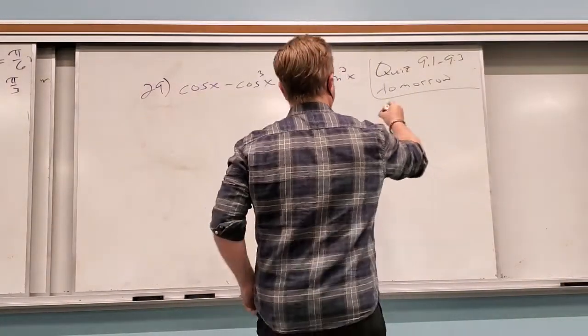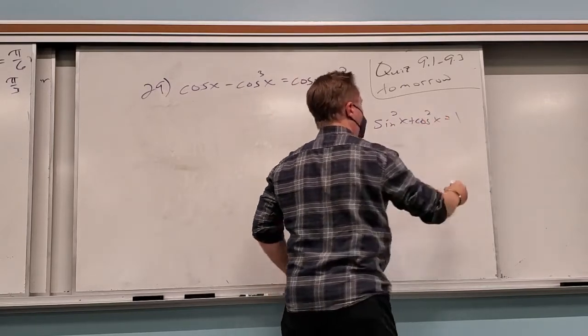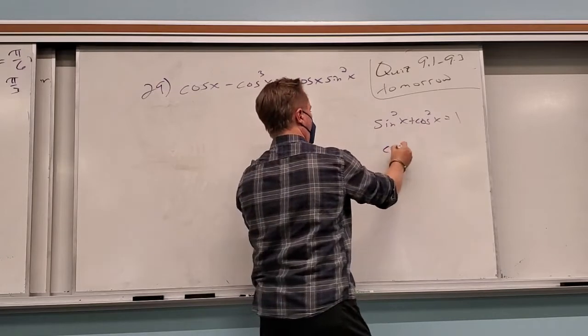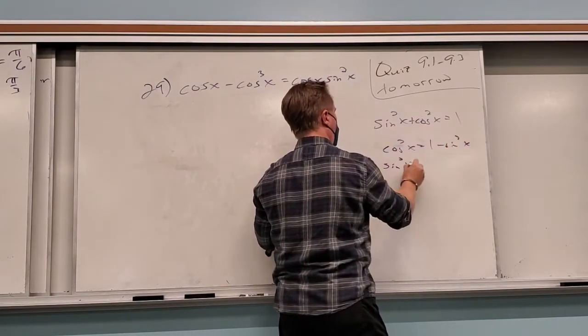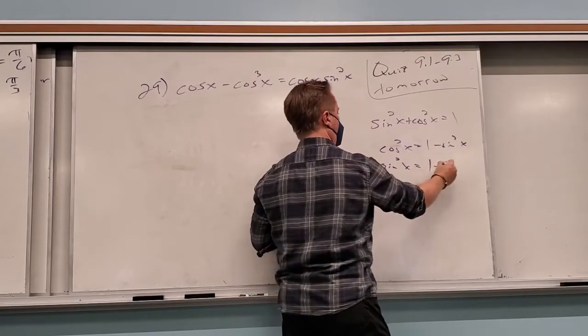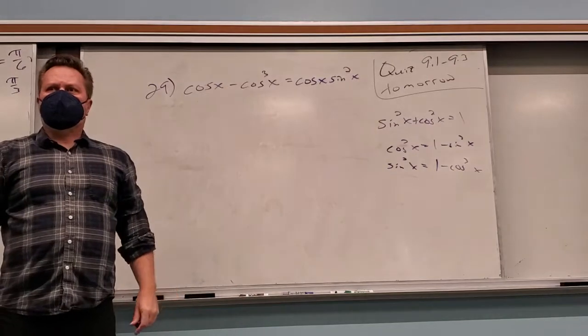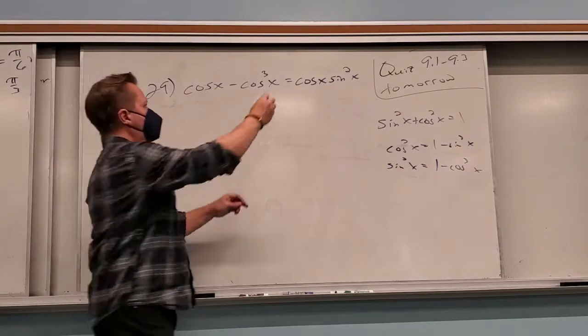So if sine squared plus cosine squared is 1, what's cosine squared, for example, then? 1 minus sine squared. And what's sine squared? 1 minus cosine squared. Anything I wrote useful on either side right now? Yeah, I see a sine squared right there.